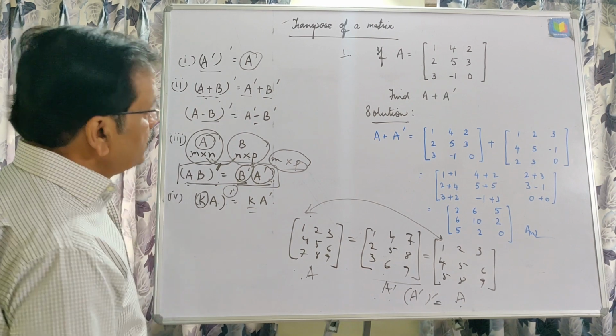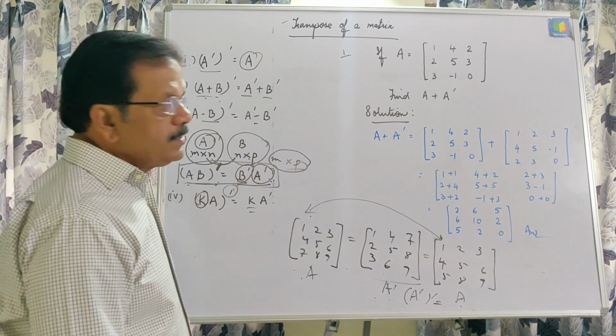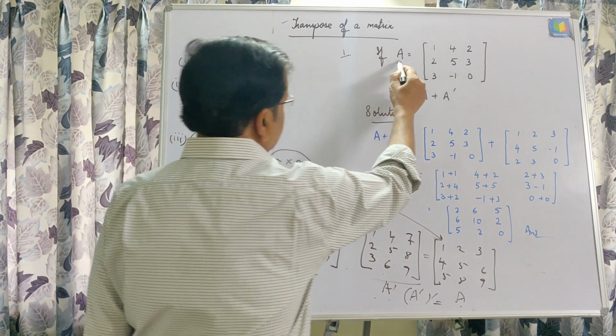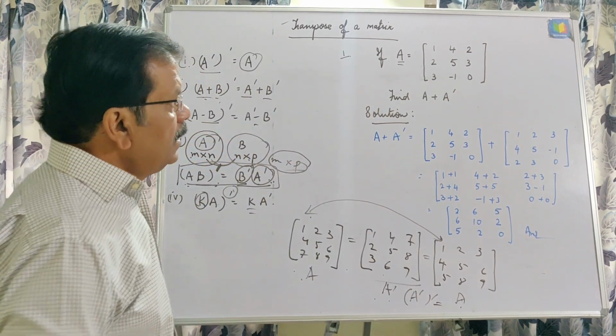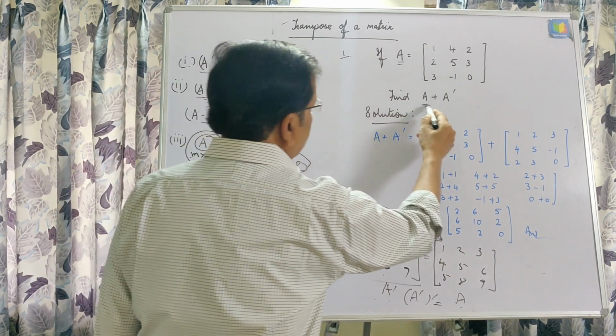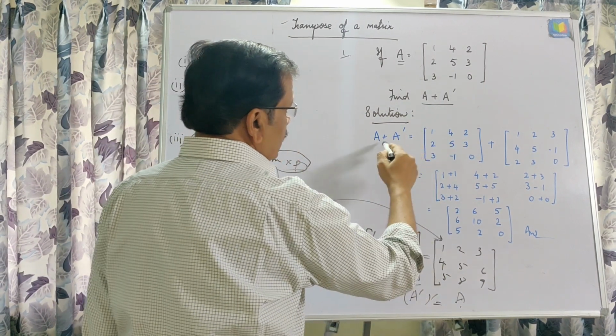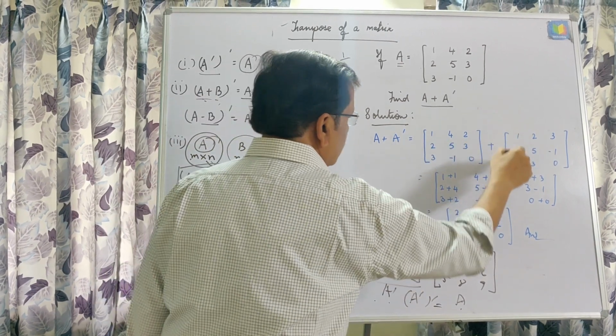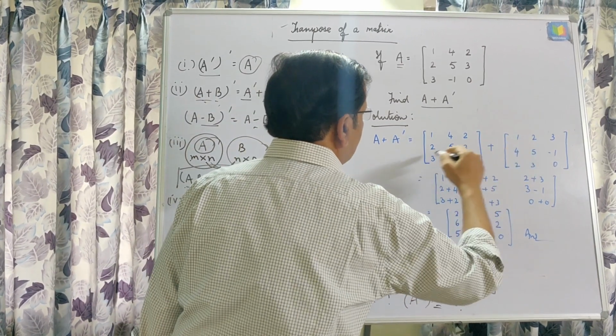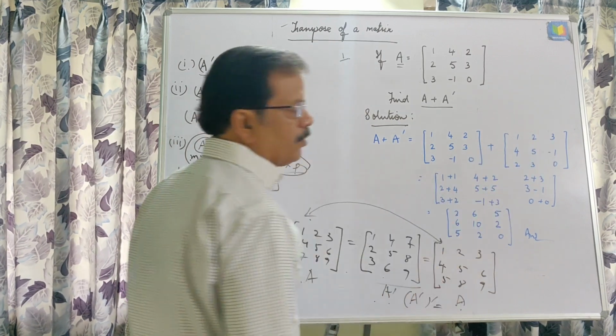Now this is the first question. You can see here that A is given. Find A plus A transpose. A is written as it is. A transpose means first row to first column, second row to second column, and third row to third column.